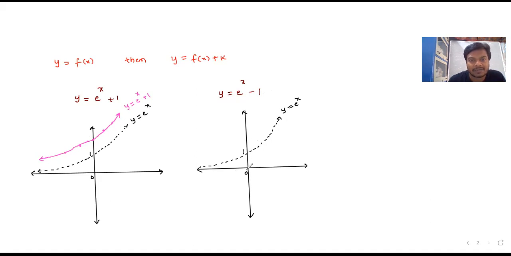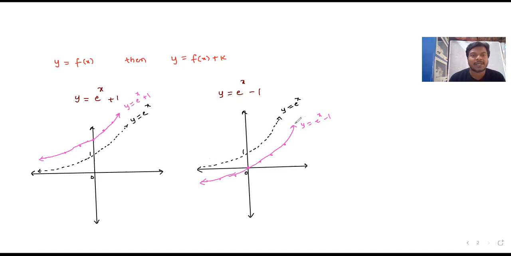Minus 1 you have, so 1 unit decreases, 1 unit less, 1 unit less. Okay, this one also. Yes, this is the graph of y equal to e power x minus 1.